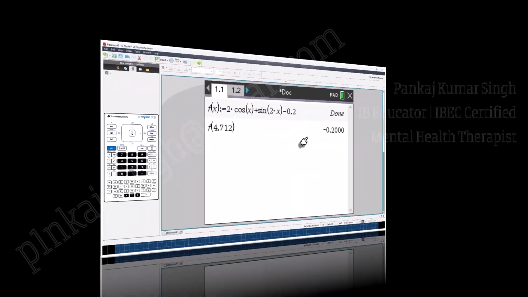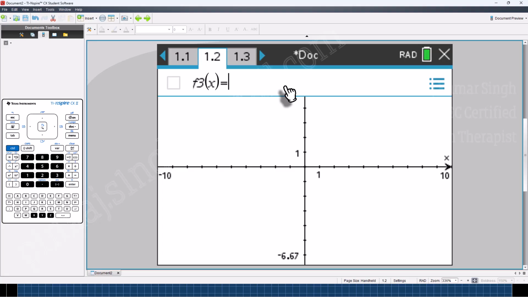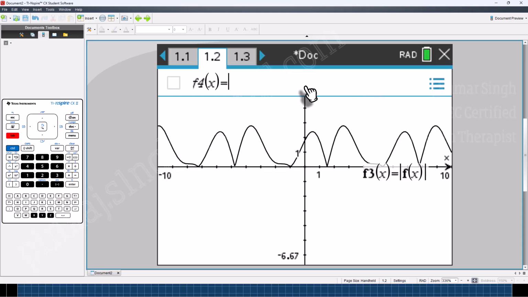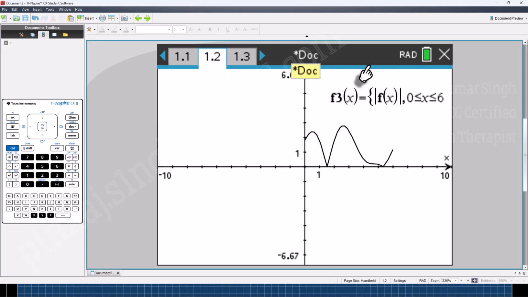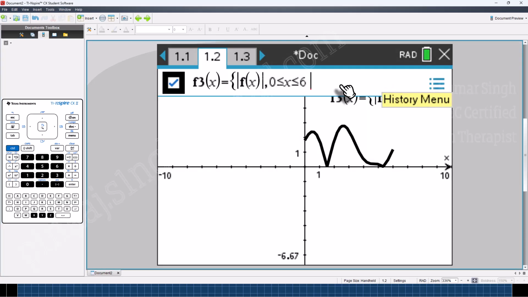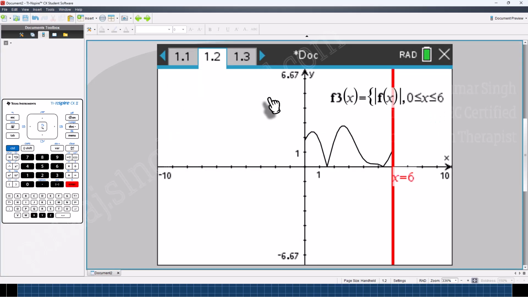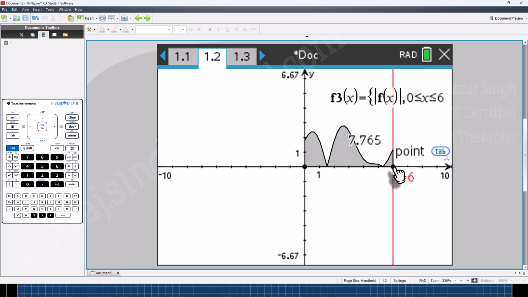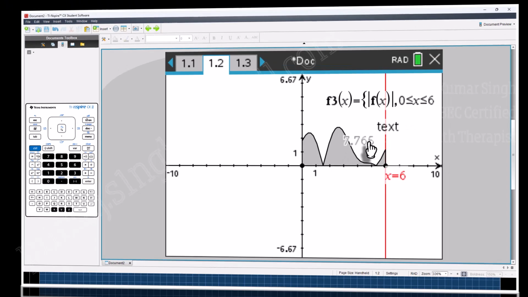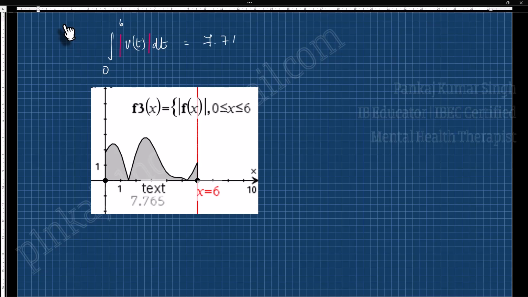Let's go back to the calculator, and that's the area, which is 7.765, and I can write that as 7.76.